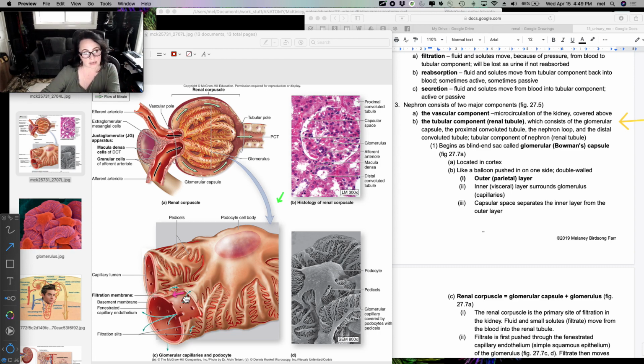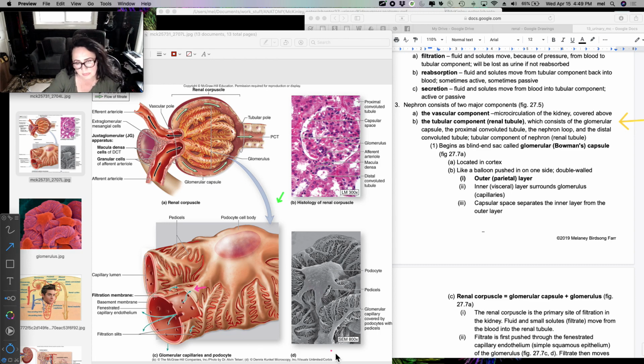And as they go through the fenestrated capillary, they slip through these little spaces between the podocytes' feet, and then they get caught in this space right here, the space between the visceral and the parietal layer of Bowman's capsule or the glomerular capsule. So the capsule is the first place that you have P. It's called filtrate until it hits another structure, but first place that you have anything that could possibly become urine.